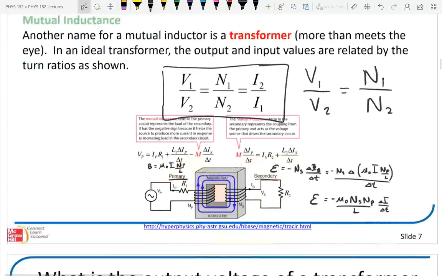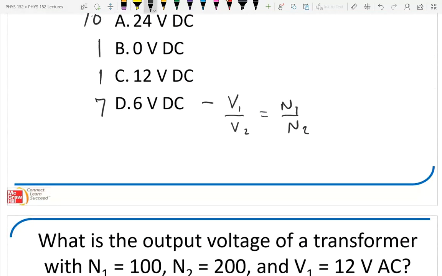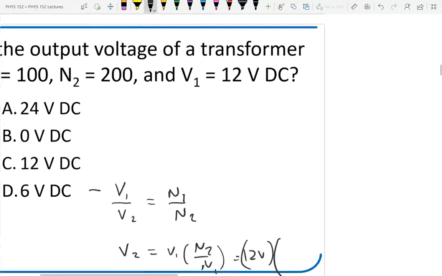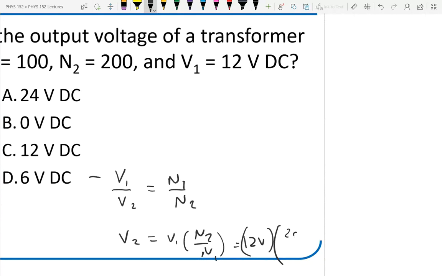So you would say V2 is equal to V1 times N2 over N1, equals 12 volts times 200 over 100. So most people, I know this isn't what you said, but most people would say 24 volts. But they would be wrong and Corso would be right.